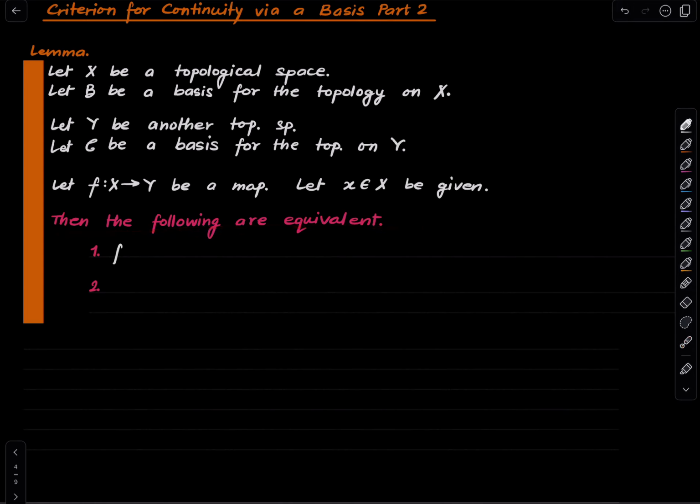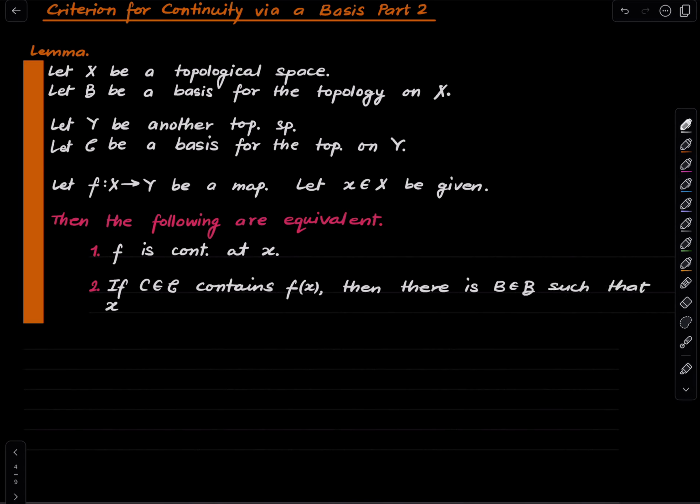The first is that F is continuous at X. And the second is, if C is a basis element for Y, or C is in script C, and it contains Fx, then there is a B in script B in the basis of X, such that X is in B and F of B is contained in C.